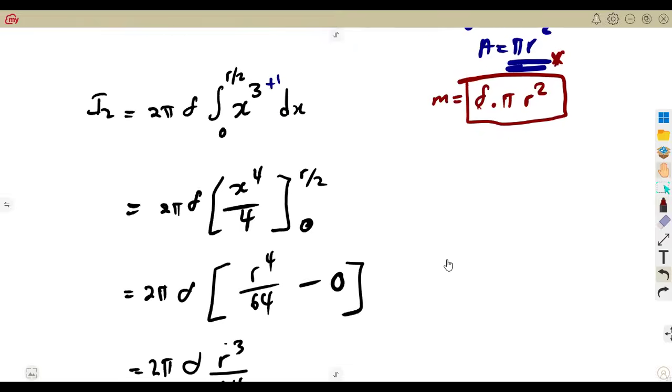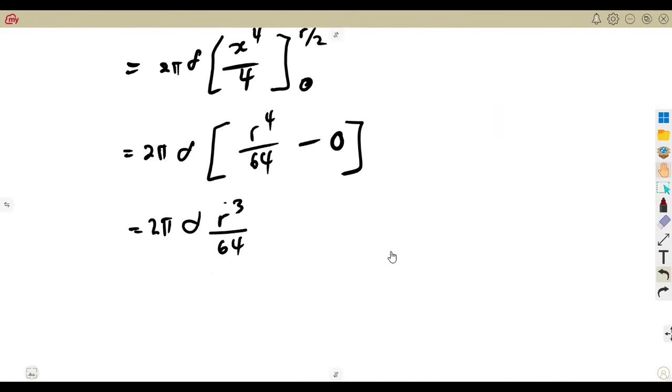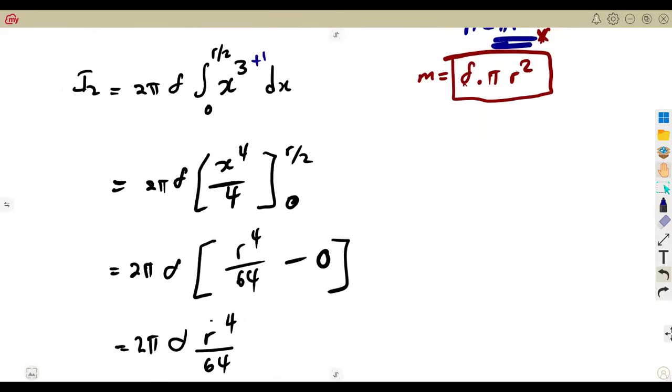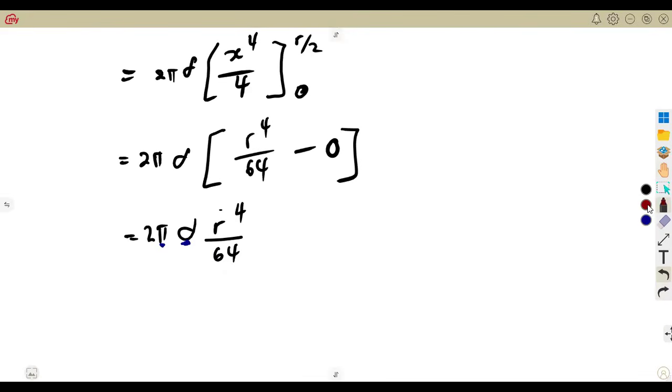This is to the exponent of 4, remember? What I want you to do is remove this one and replace it with m. We can see the pi is there, the area density is there, so this radius is supposed to be written as r squared.